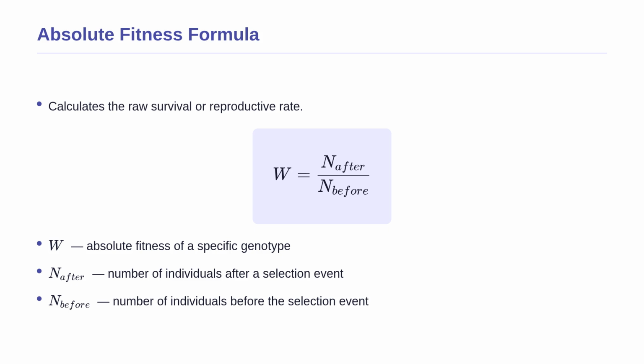N after is the number of individuals with that genotype surviving after a selection event, like a harsh winter. N before is the initial population of that genotype. If W is greater than 1, the genotype is increasing. If it is less than 1, the genotype is declining.